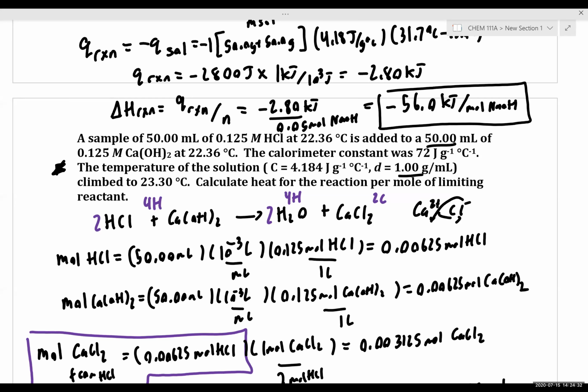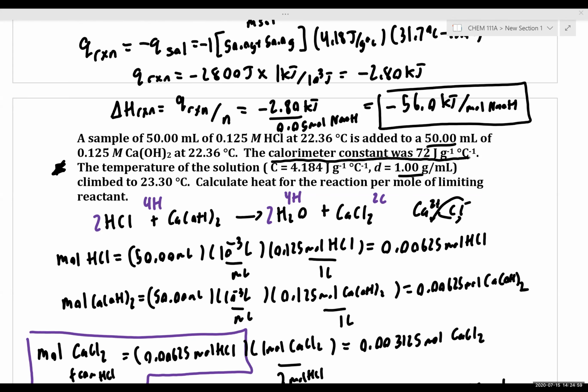Does anyone notice something a little bit interesting about this next heat exchange example? Before I let you loose to calculate the heat of reaction, I just want you to note, does everyone see this phrase about the calorimeter constant? So what does that mean?